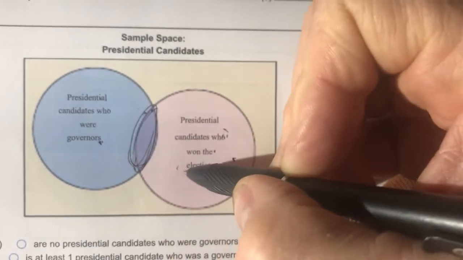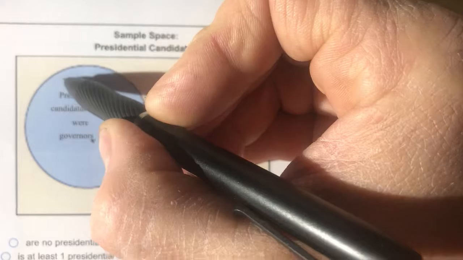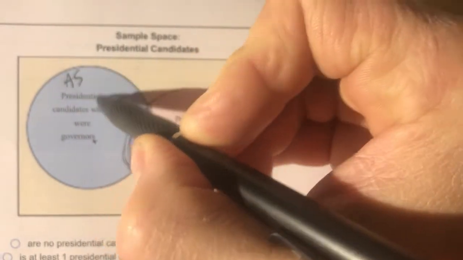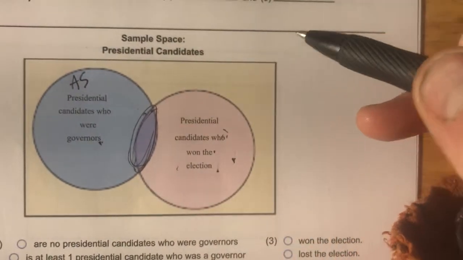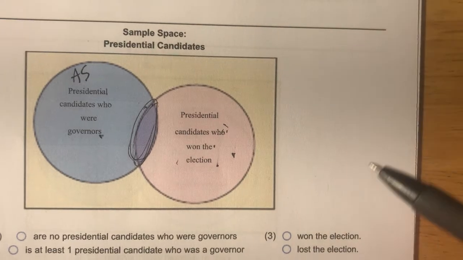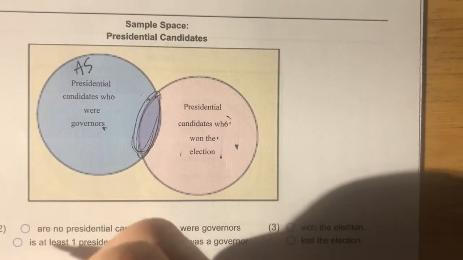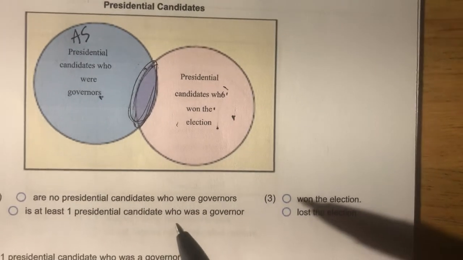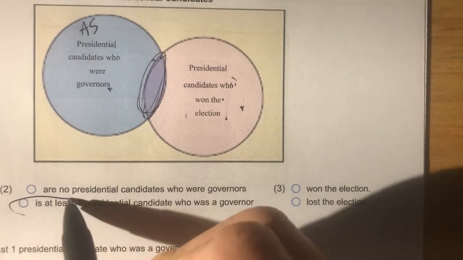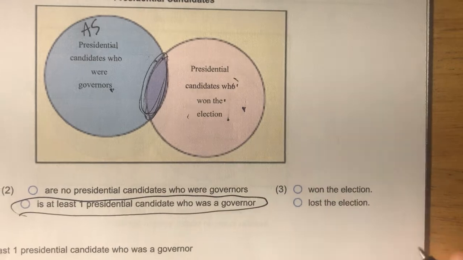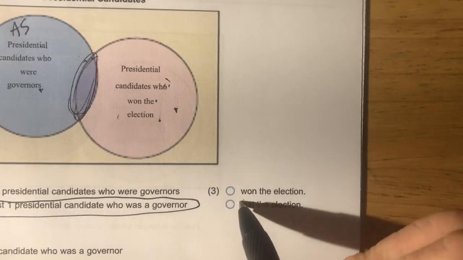So George Bush would be over there. Now, Arnold Schwarzenegger would be over here because he didn't win the presidential election. Okay, so here you go, these are not mutually exclusive since there is at least one presidential candidate who was a governor and he won the election.